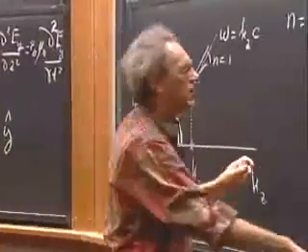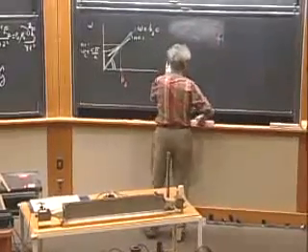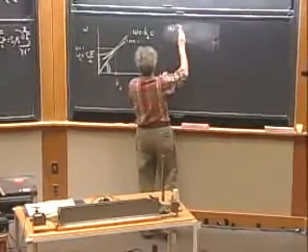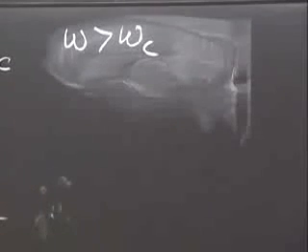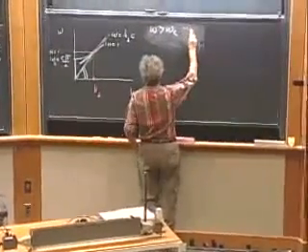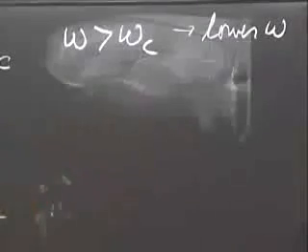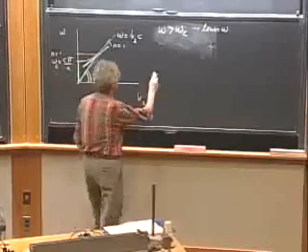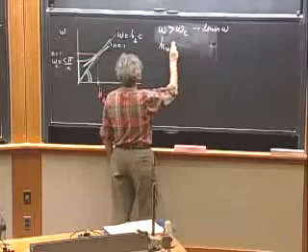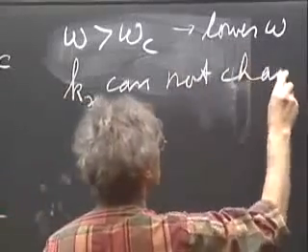I probably can write it here. That is nicer for you, because then you have it all together. So I start with omega, which is larger than omega c. That's how I start. It's a given. And now I'm going to lower omega. Well, when you lower omega, kx cannot change.